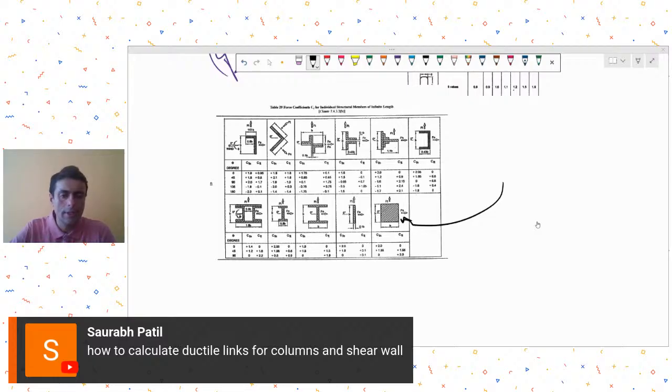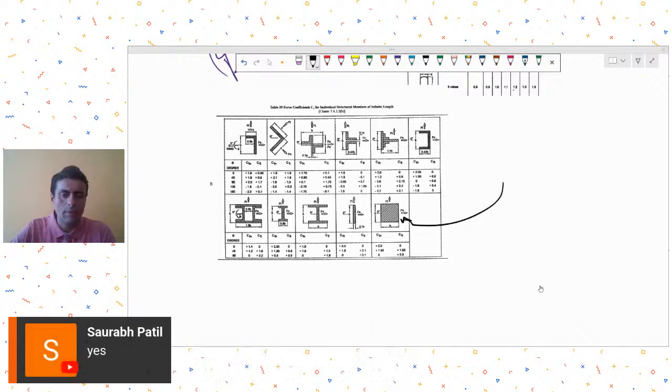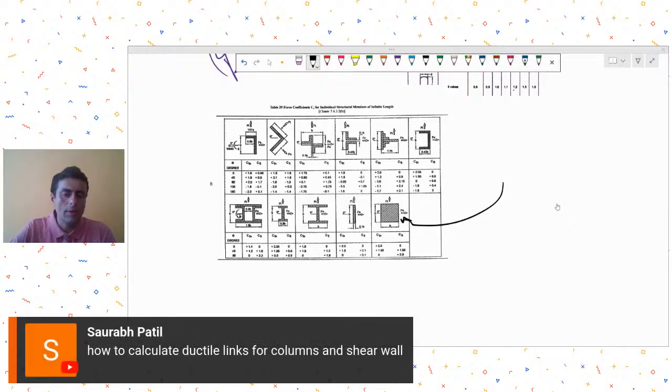There they have quite clearly given what needs to be done for boundary elements, in which case we need to provide confinement reinforcement in the boundary element, and what needs to be done for the web portion of the shear wall. All those details are quite clearly given in IS 13920.